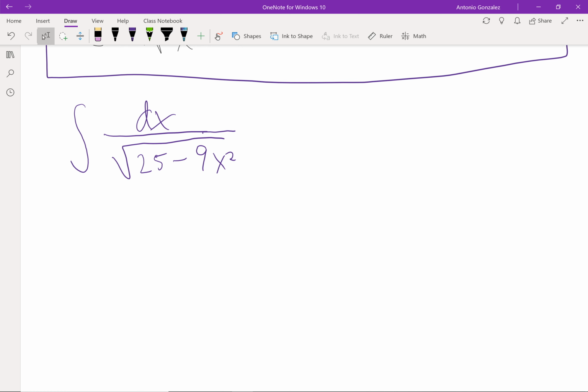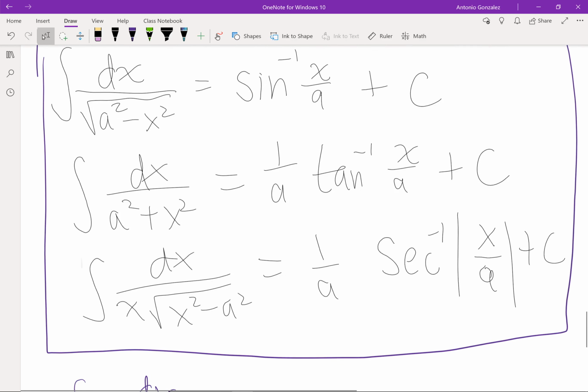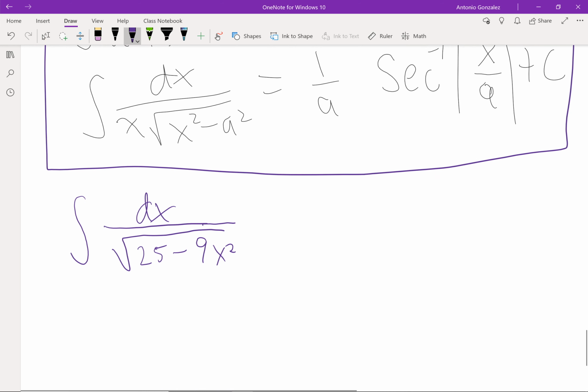All right, so one thing to notice here that it's not quite of this form right here. So one thing we can do is we could say, all right, what if I simplified this? Let's say I wanted to make it look so the coefficient is 1 in front of the x squared. And the way I do that is by factoring out a 9.